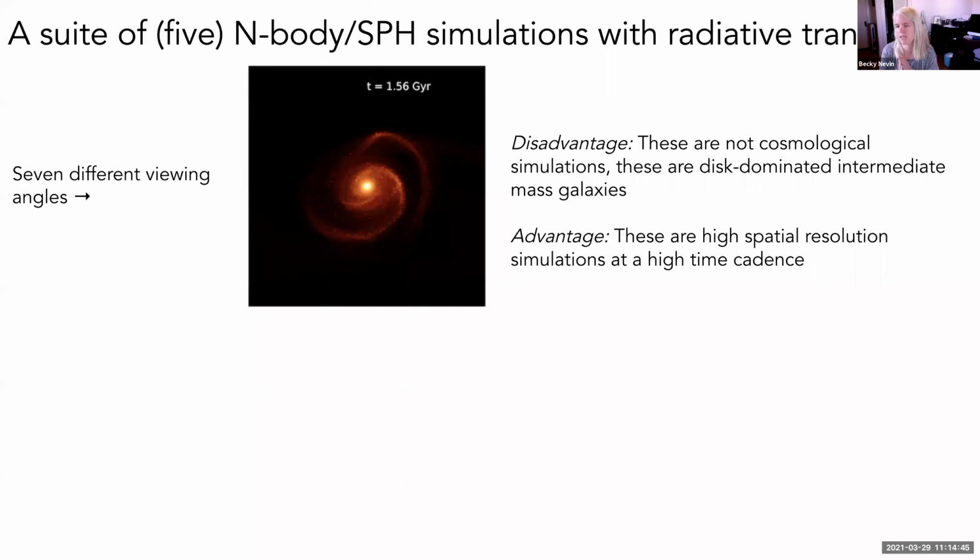Instead, I would think about these galaxies as disk-dominated, intermediate-mass galaxies. A relative advantage, however, is that we have really high time and spatial resolution, so we can look at different stages and look in detail at these mergers from 7 different viewing angles.